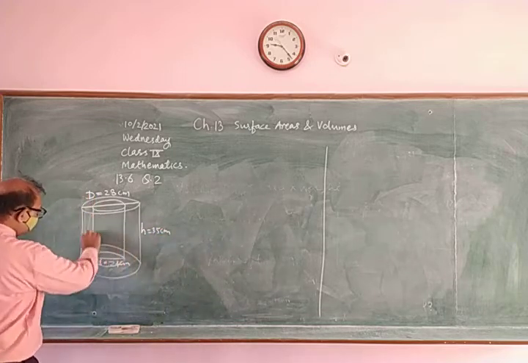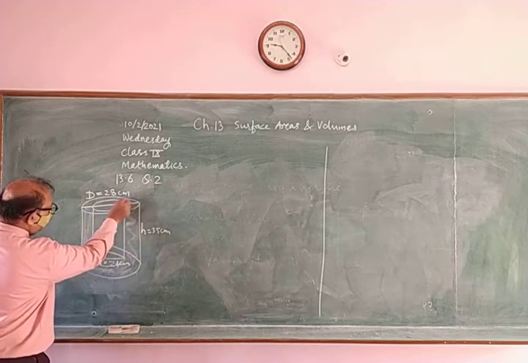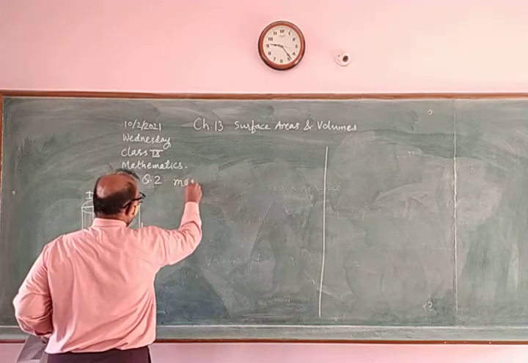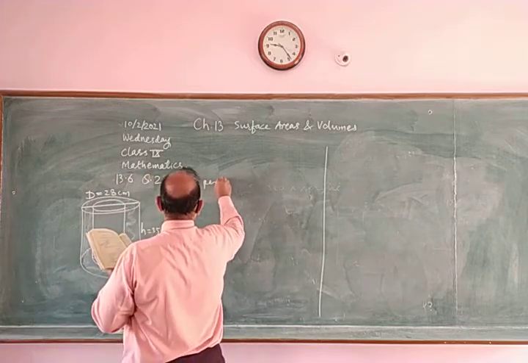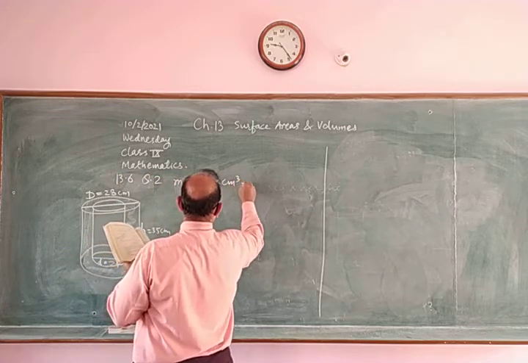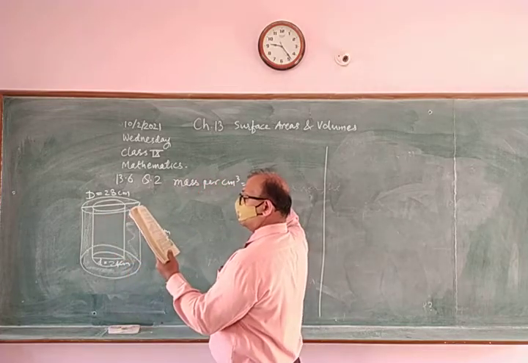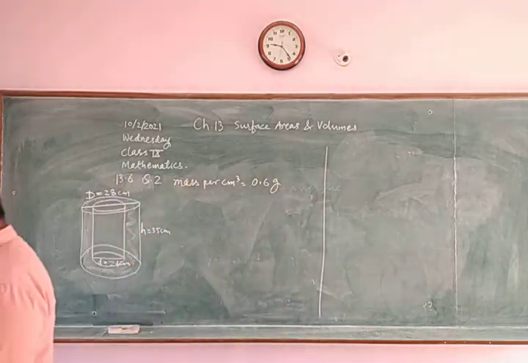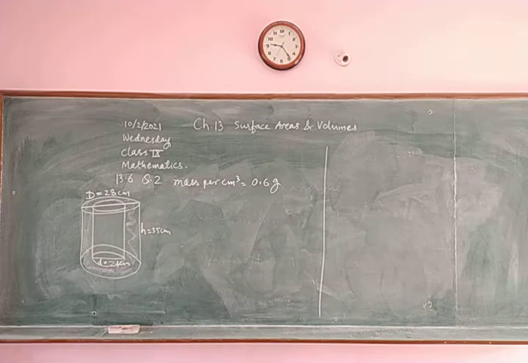This is the wooden cylinder, called pipe. Find the mass of the pipe. We have to find the mass of the pipe, means weight. If 1 cubic centimeter of wood has a mass of 0.6 gram, the mass per cubic centimeter is given, and we have to find the mass of the pipe.